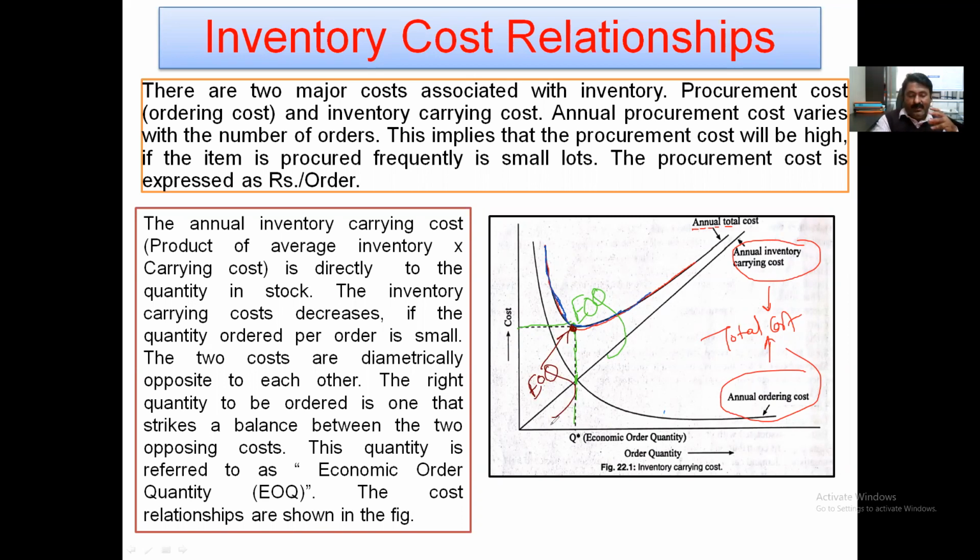This is the golden mean of the two. The annual ordering cost is decreasing. Here it may be that ordering a 100 lot, the cost is very high; ordering a 10,000 lot, the cost is very low. Then preserving a 100 lot, the cost is very low; preserving a 10,000 lot, the cost is very high. So EOQ is neither 100 nor 10,000. It is in between.